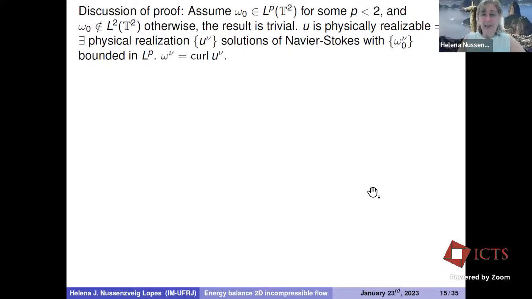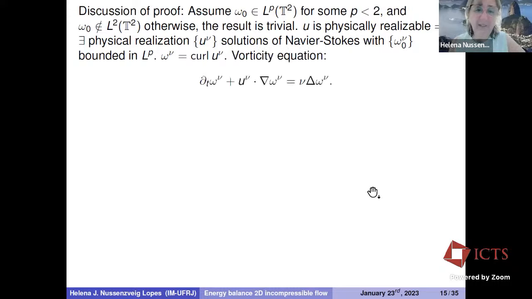If I denote the vorticity for the viscous solutions by omega nu, then the vorticity satisfies the vorticity equation because I'm on the torus, so there are no boundary layer problems. So dt omega nu plus u nu dot grad omega nu is nu Laplacian omega nu. And this is a scalar equation because omega nu, the curl of u nu in 2D, is identified with the scalar, which is grad perp dotted with u nu.